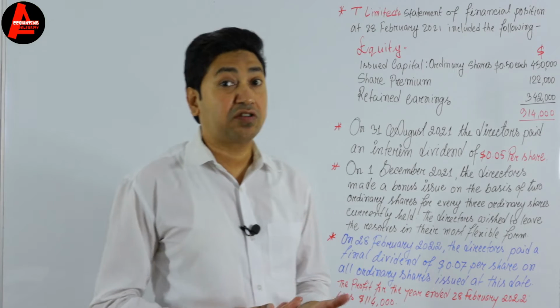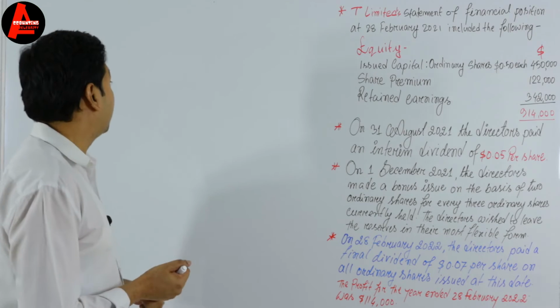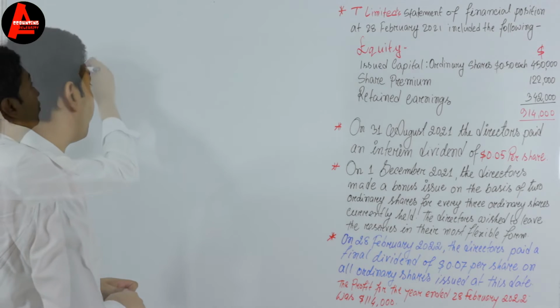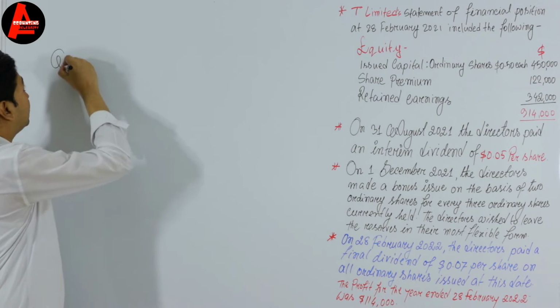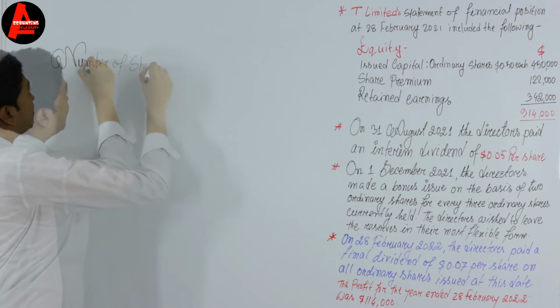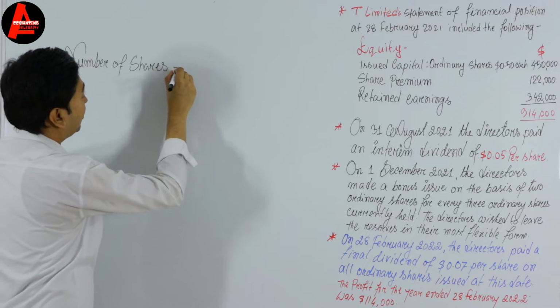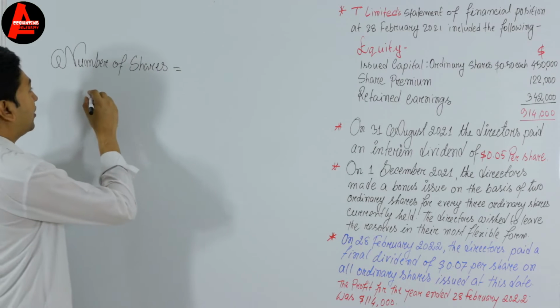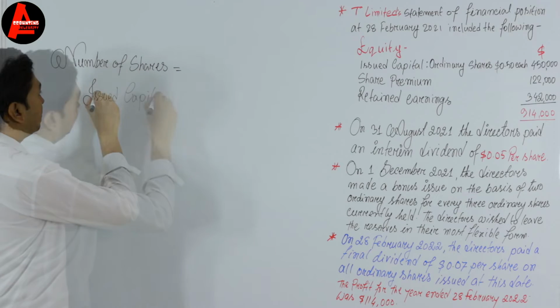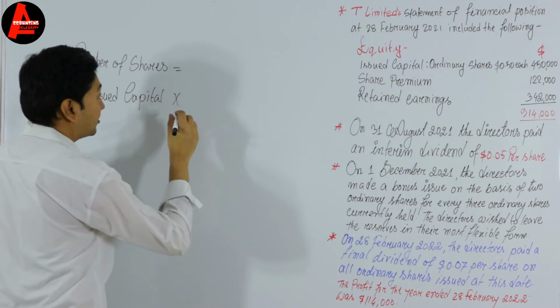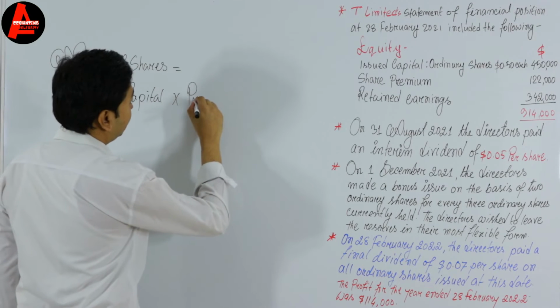How to calculate ordinary shares? Simple. First of all we write: number of shares equals issued capital divided by price per share.